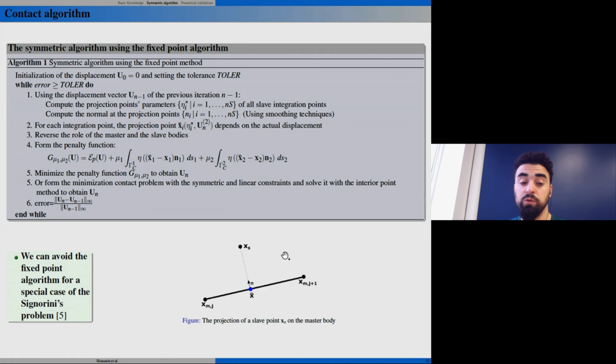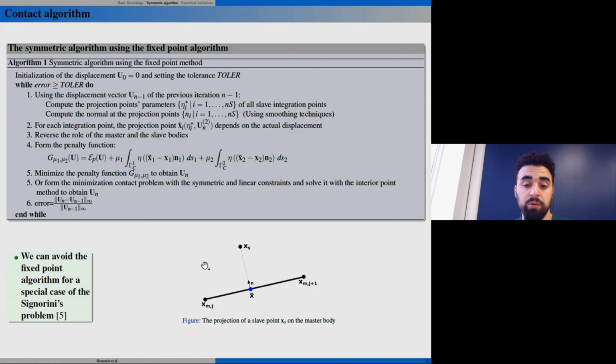And for each iteration, we can use the penalty method or the weak formulation plus the interior point method. And the algorithm converges if the error between two successive displacements is small enough.